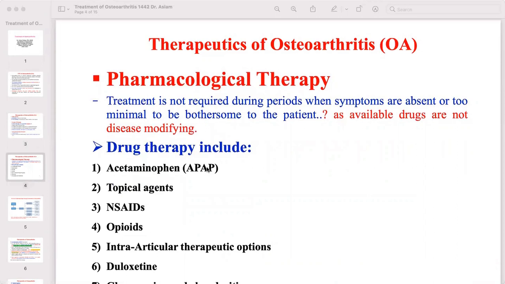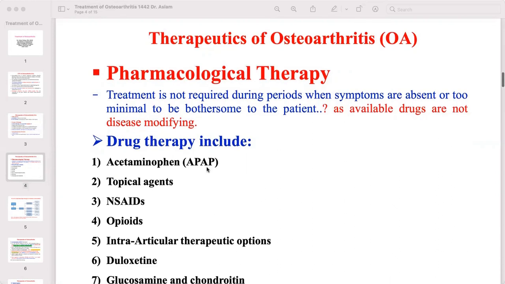Pharmacological therapies of osteoarthritis include some drugs.